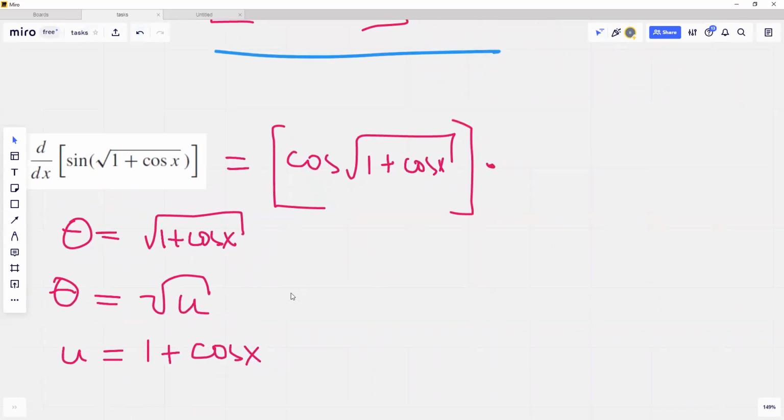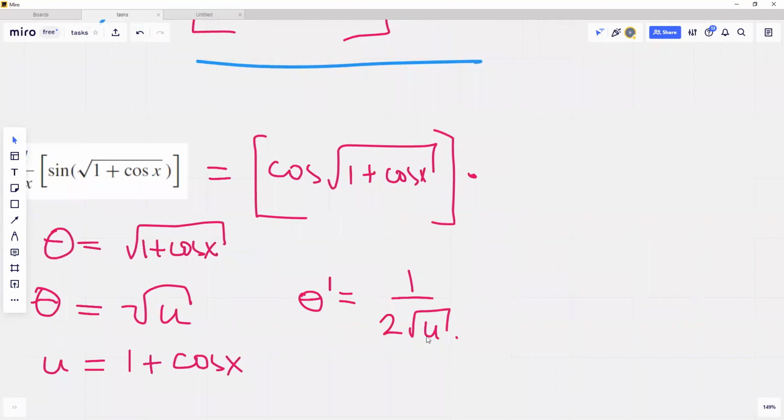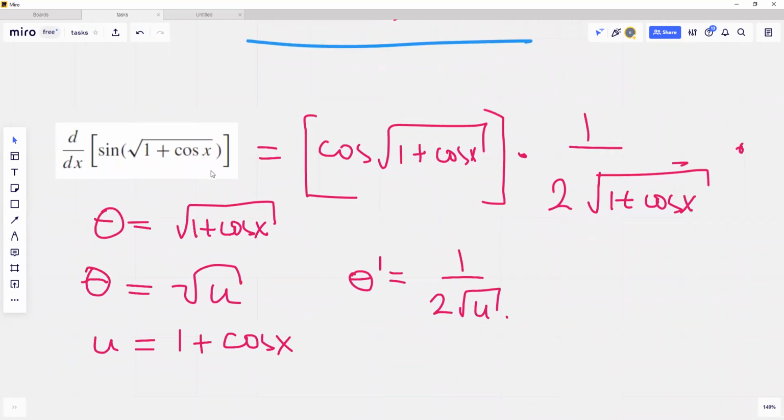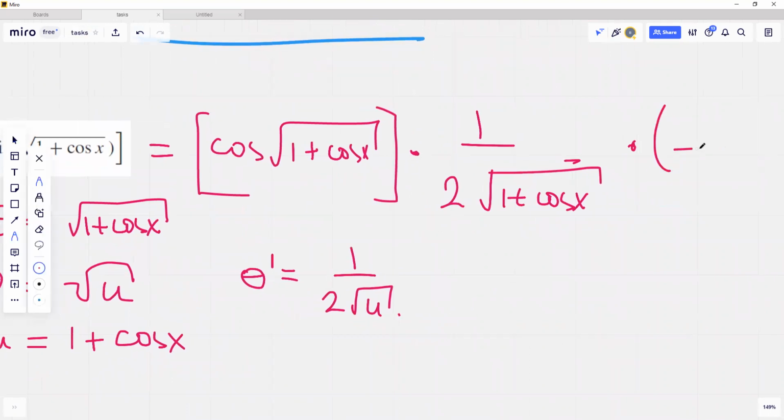The derivative of root of u is 1 over 2 root of u. Now substituting u as 1 plus cosine of x back, we'll get 1 over 2 root of 1 plus cosine of x. All right, now the most inside function we have here is 1 plus cosine of x. And this is a function of x. The derivative of that is minus sine of x.